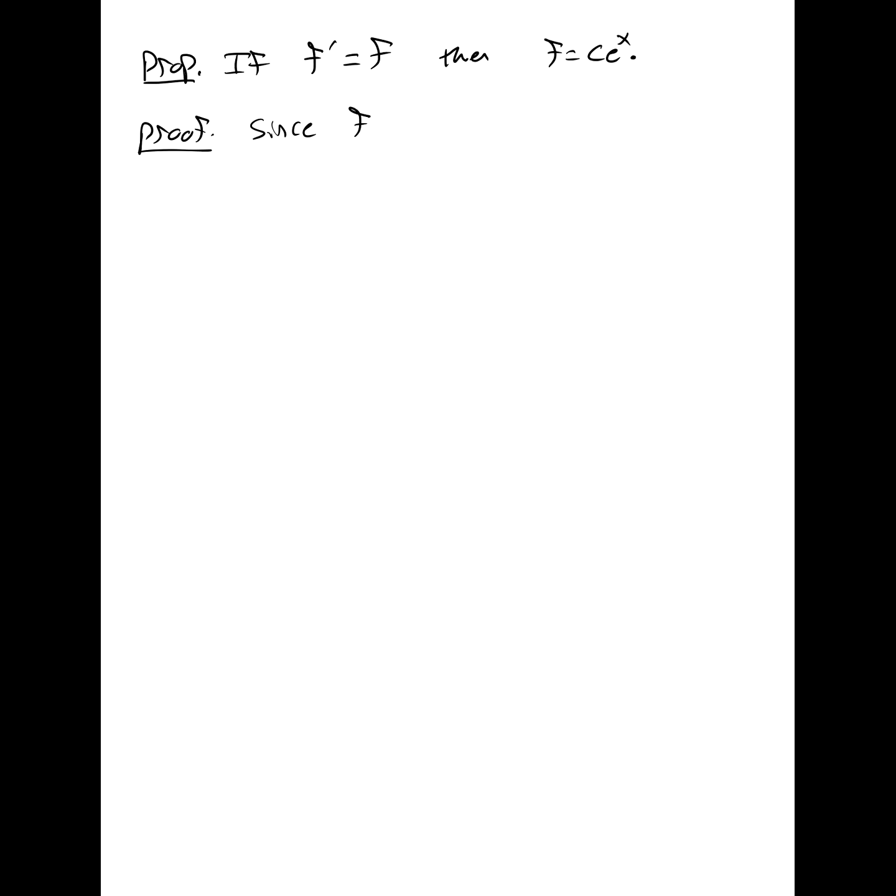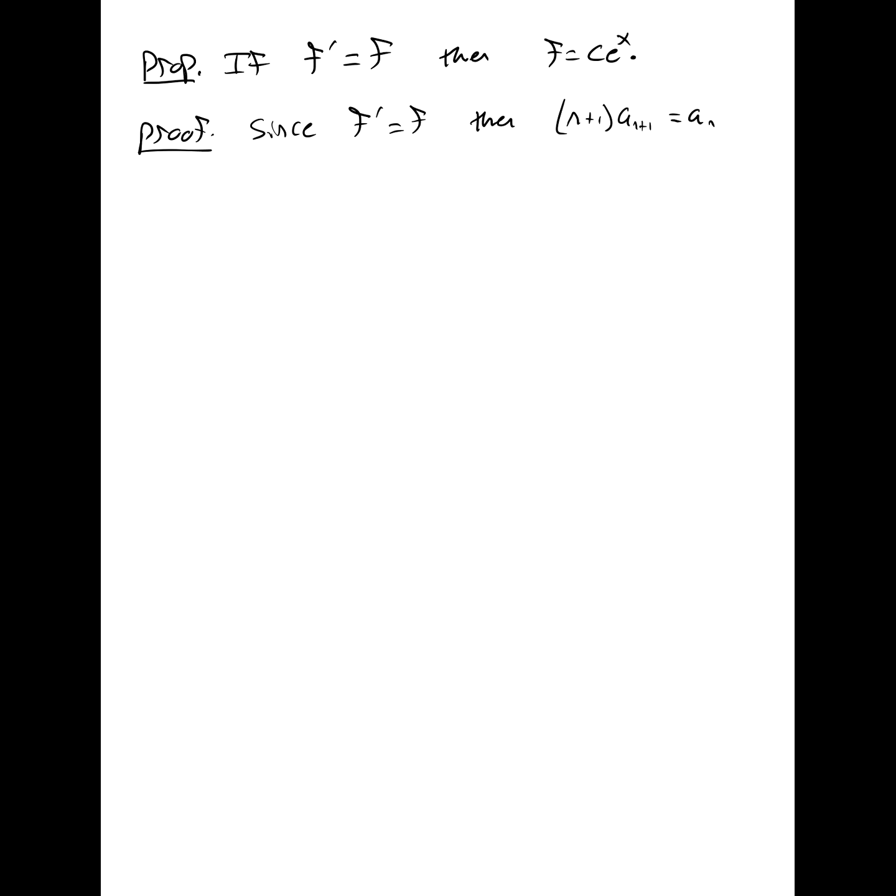And it's just one direction, so first recognize, since f prime is equal to f, then n plus 1 times a sub n plus 1 will be equal to a sub n.